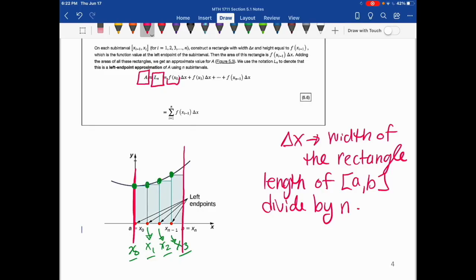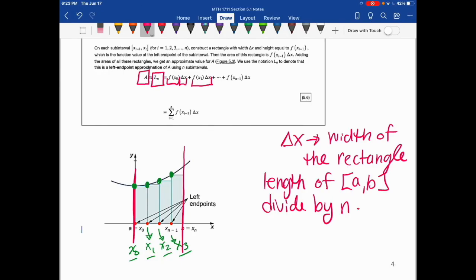So then if you go back up to this notation, this is going to give us the height of the first rectangle. When I plug x sub 0 into the function, that's the height of the first rectangle. Then you multiply that by the width of the rectangle, which we said is delta x. Then you do that for each rectangle.